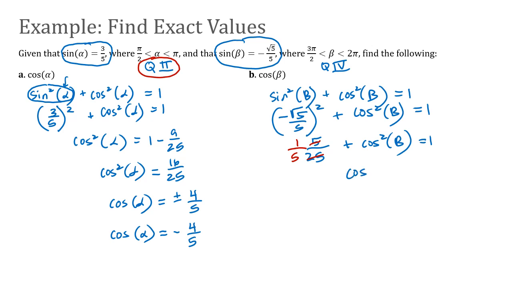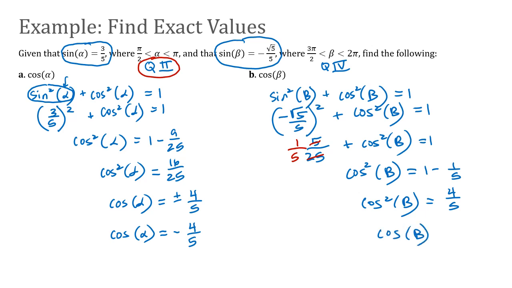So cosine squared of beta is equal to 1 minus 1/5. So in this case, I'm going to rewrite 1 as 5 over 5. So 5 over 5 minus 1 over 5 is 4/5, isn't it? And I'm going to square root each side.